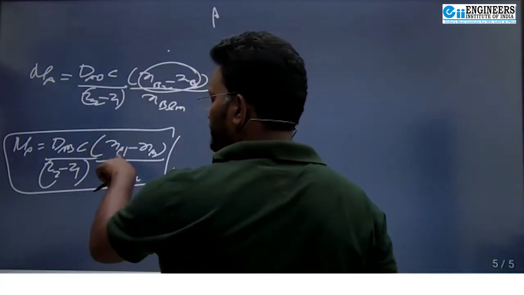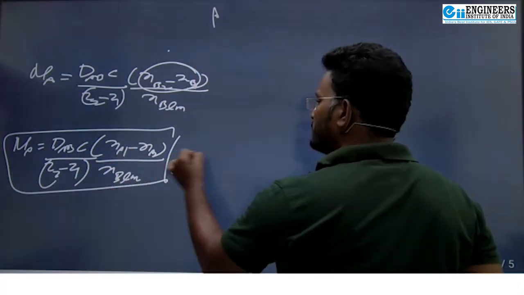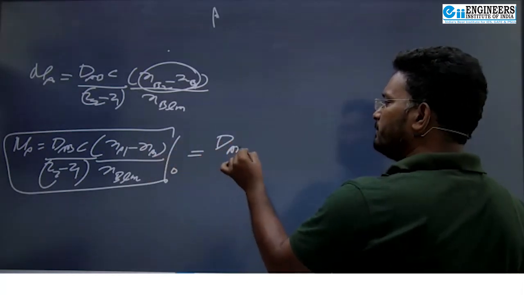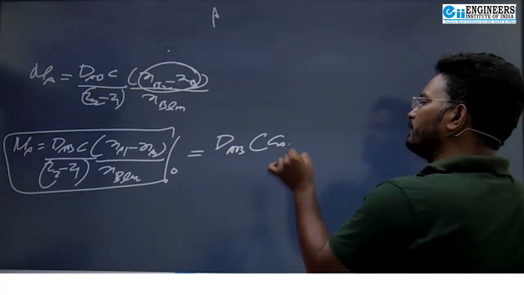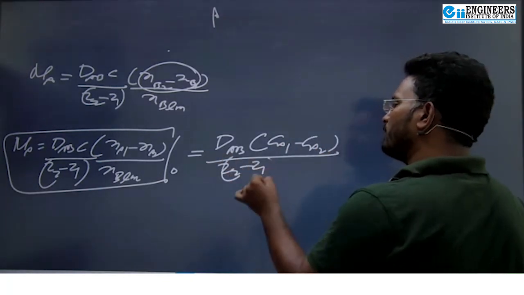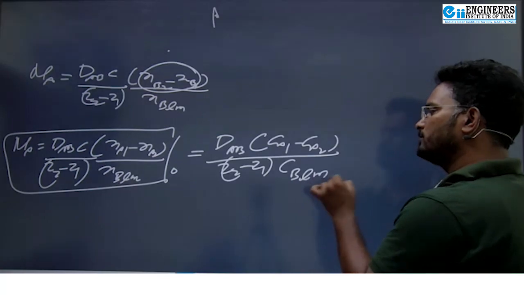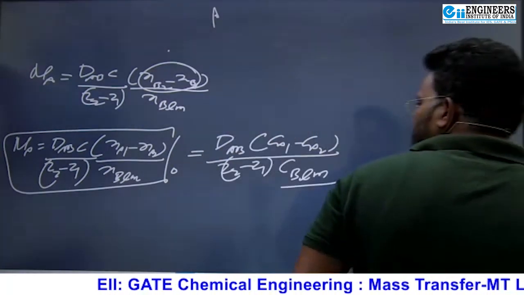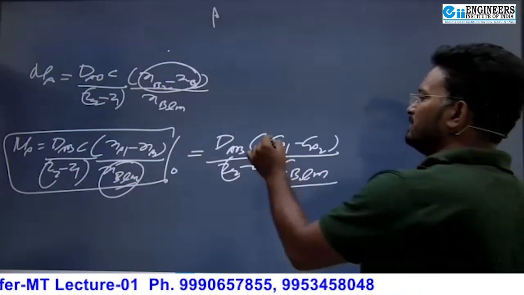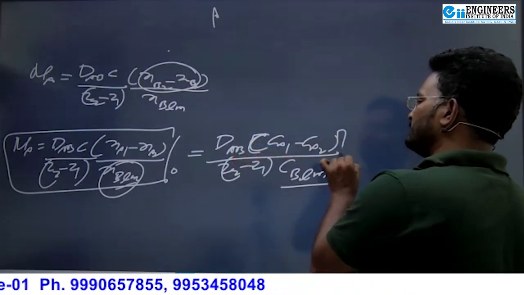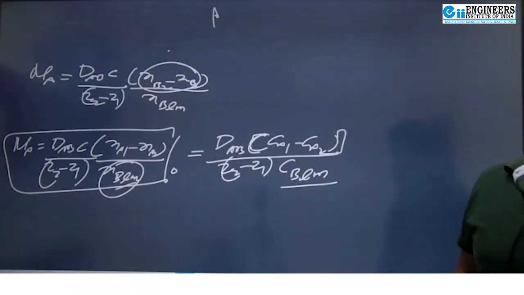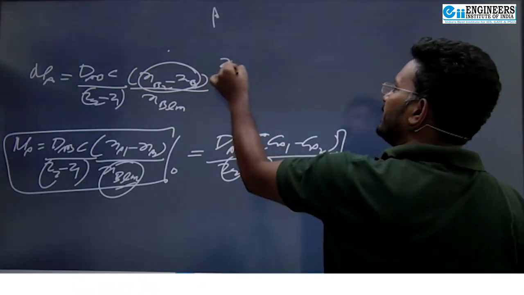If I multiply, the similar equation in terms of concentration difference driving force is DAB into CA1 minus CA2 upon Z2 minus Z1 upon CBLM. Am I right? Check it. I sent C inside, but what will it become for this? What will XBLM become? Is something wrong? Something is wrong here. Yes, change XBLM.